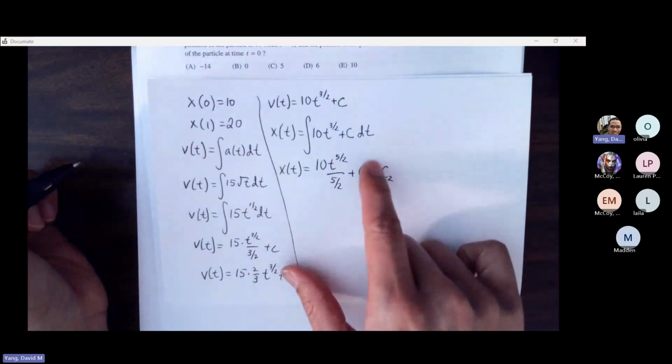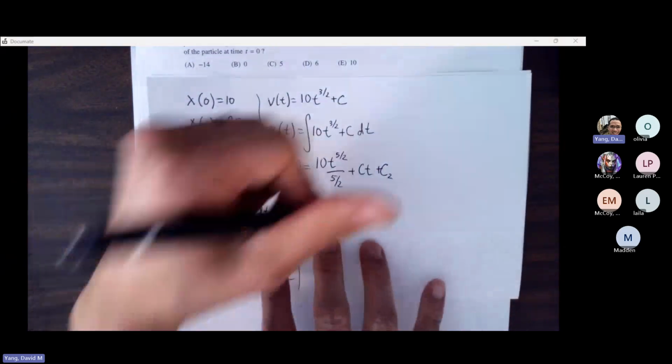But if I take the antiderivative, another constant will show up.